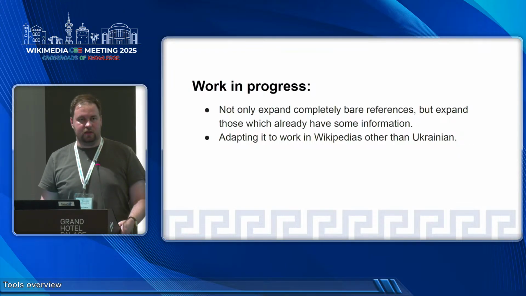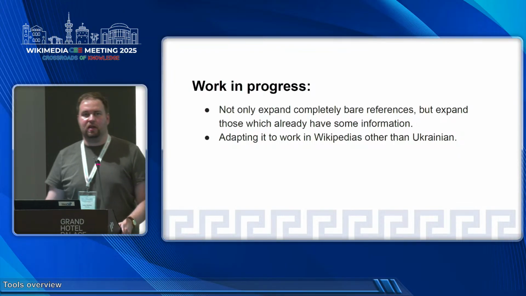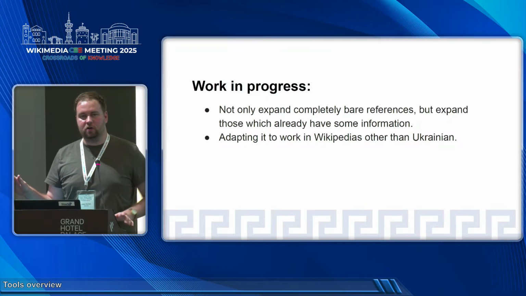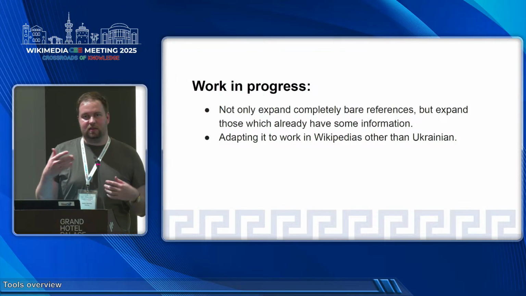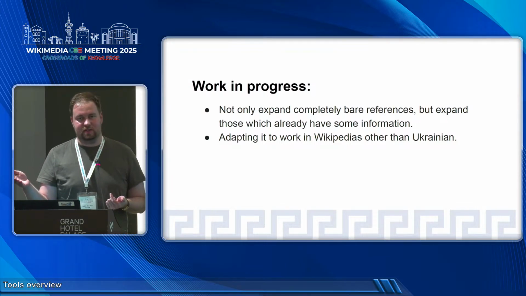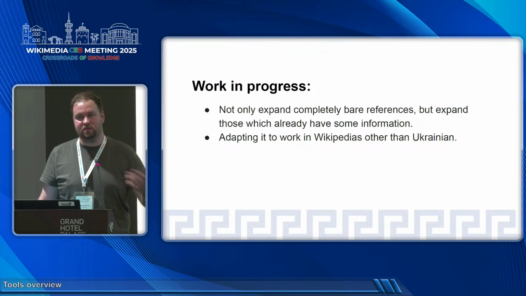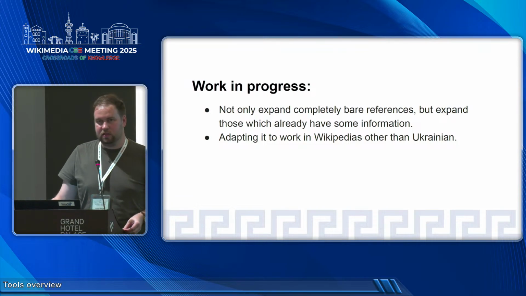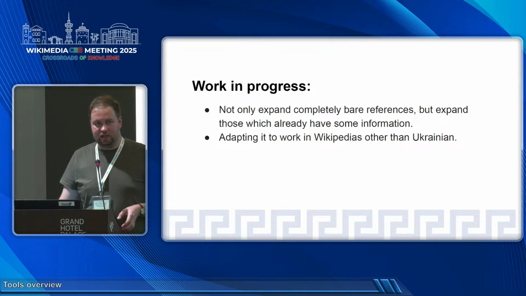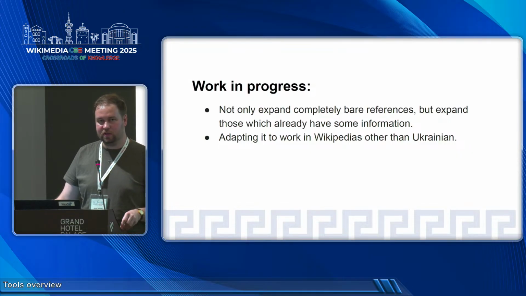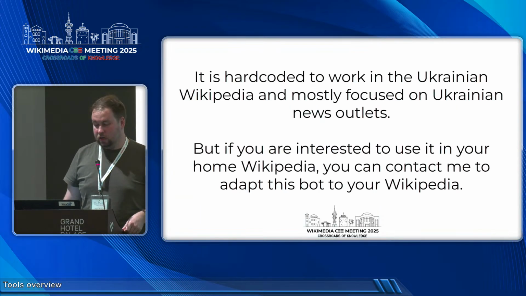Now it only expands those references that have no information at all, but I'm working on implementing that it adds information to those references that already have some information, but there is something to add. And also I started to adapt it to work in other Wikipedias, because currently it's hard-coded to work in Ukrainian Wikipedia, but I'm working on making it available for other Wikipedias to work there as well.